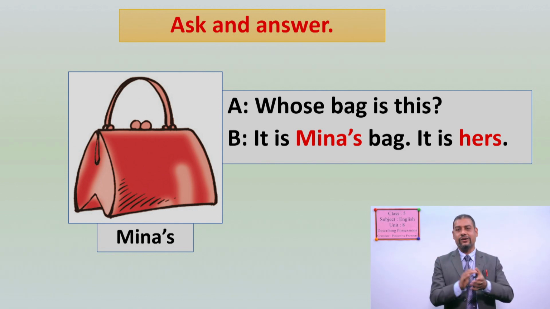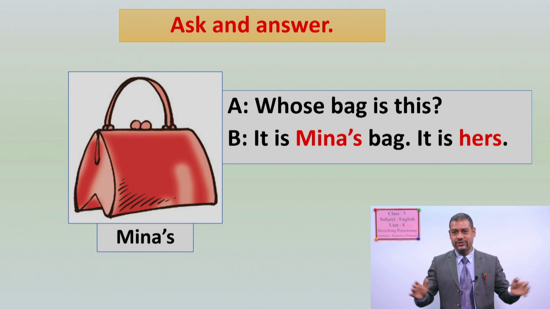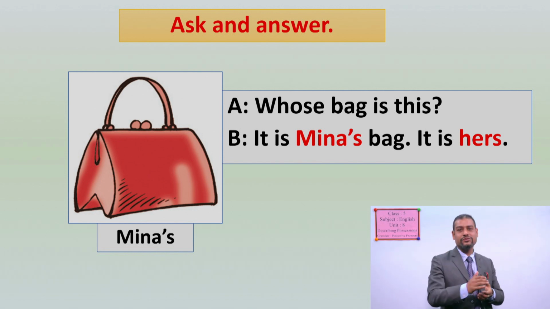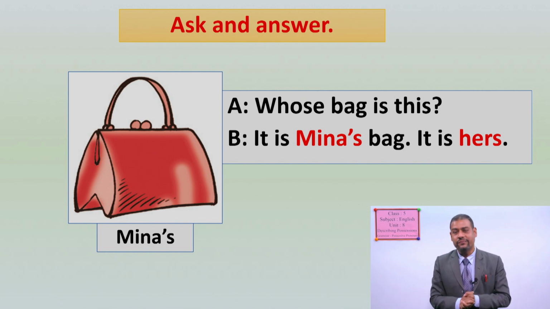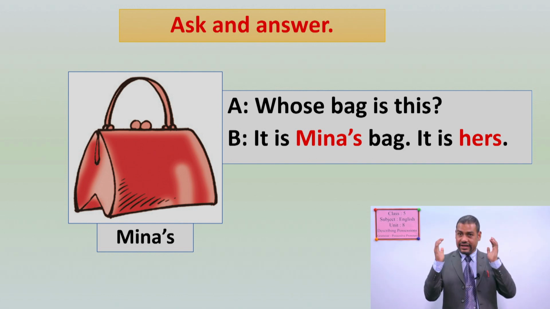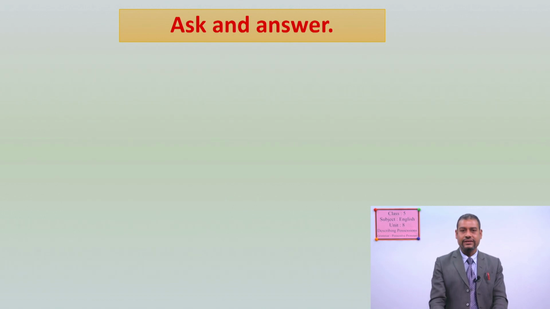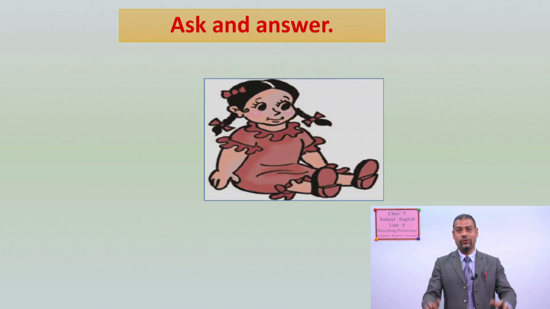Good. Now, similarly, I want to show you another picture. And then again, you have to make this type of question. And again, after making that question, you have to write down its answer. So for it, be ready. So the next picture for you is, oh, what is there?